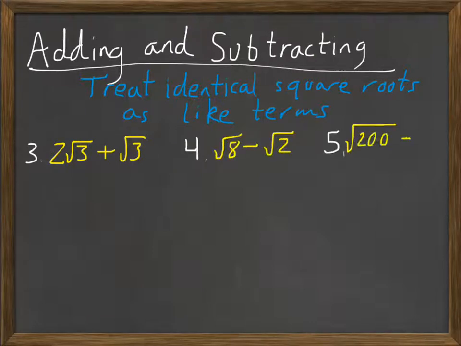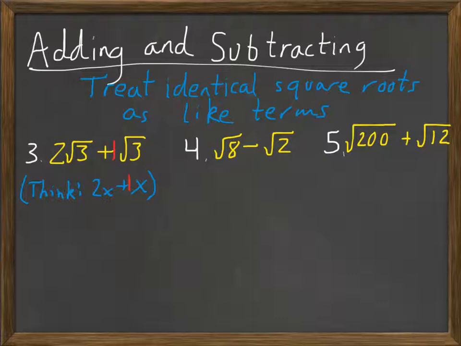In the first one, I've got 2 square root of 3 plus square root of 3. When you look at that, think of it as like terms. So think 2x plus x. I'm treating the square root of 3 like an x. The coefficient in front of the lone square root of 3 is a 1.